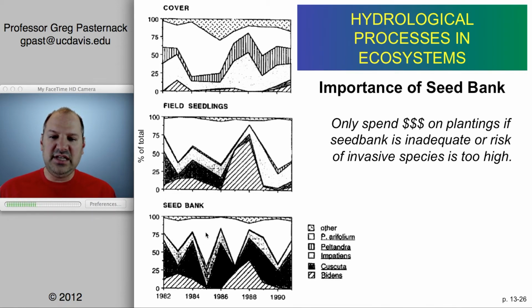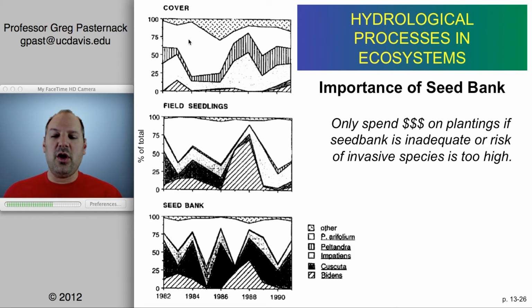And then from the seed bank, here's what you see in the seedlings. There is a really good representation of Bidens and the Impatiens. And then when you look at what actually is there as the full cover, it does change quite a bit. So the seed bank is very important.